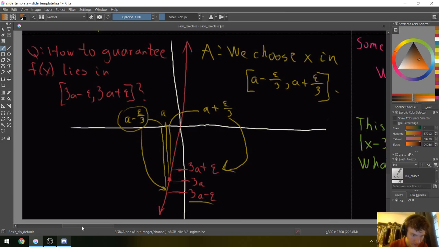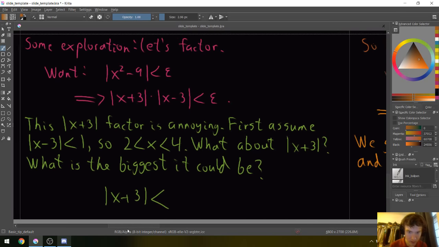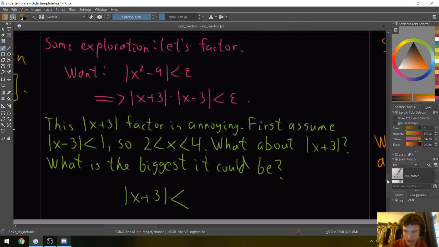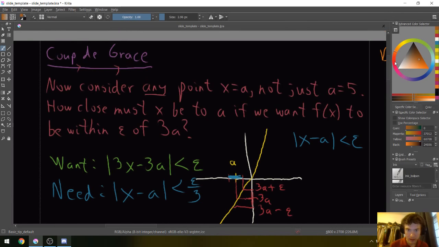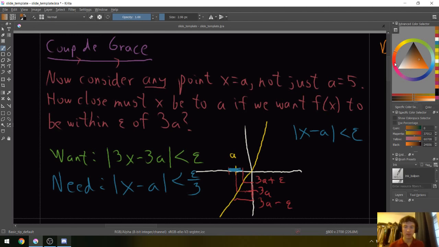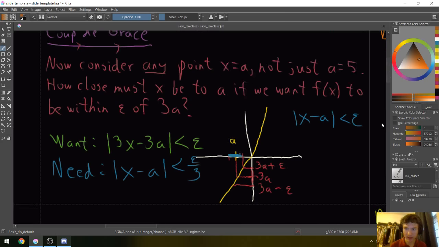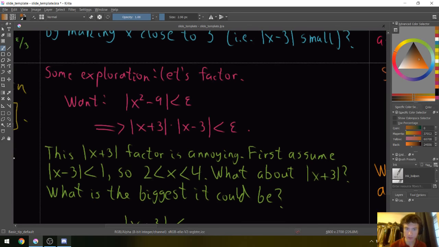Okay. So why are we doing all this? I just argued that you could run this same argument with any epsilon and any point a. Maybe it's clearer with the picture I just drew.